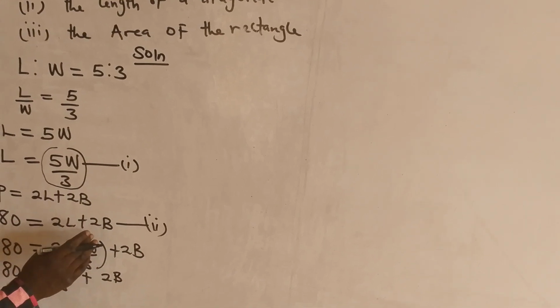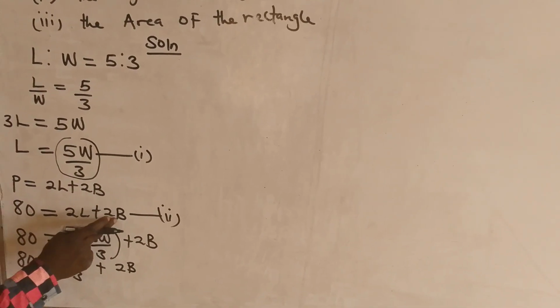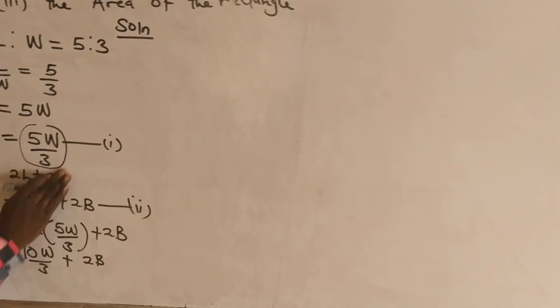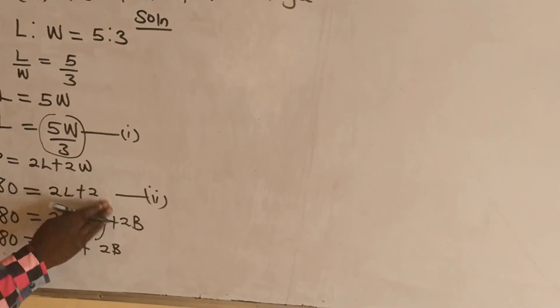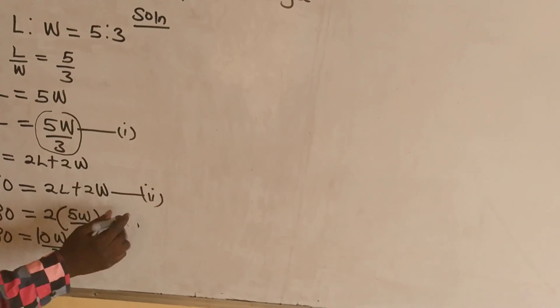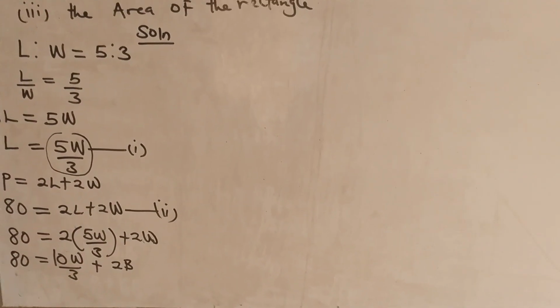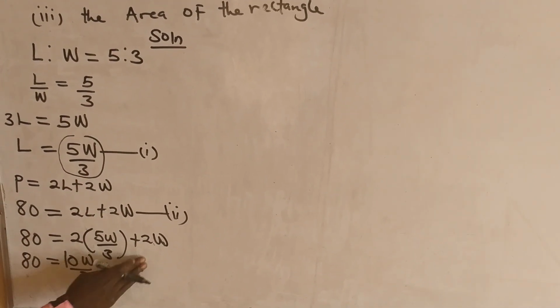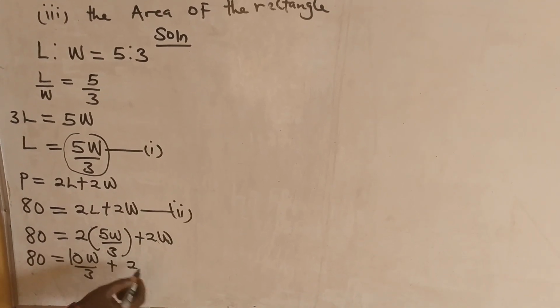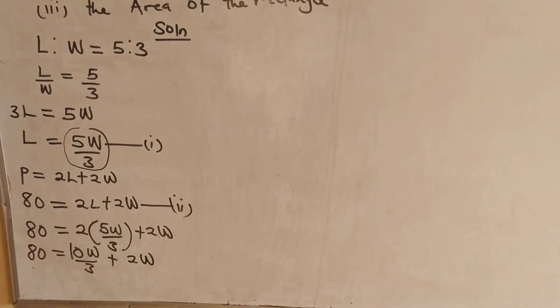Don't forget, this B is W, so let's change it to W. The width also means breadth, it's the same. So we can change this one to breadth, which is width.